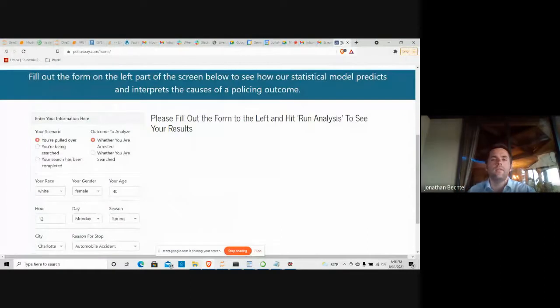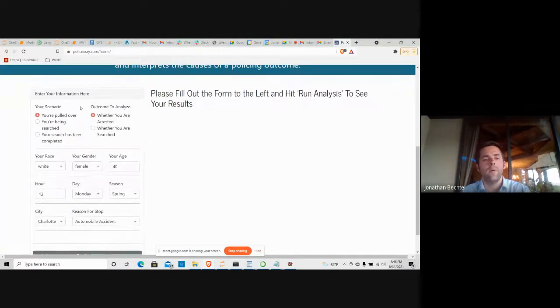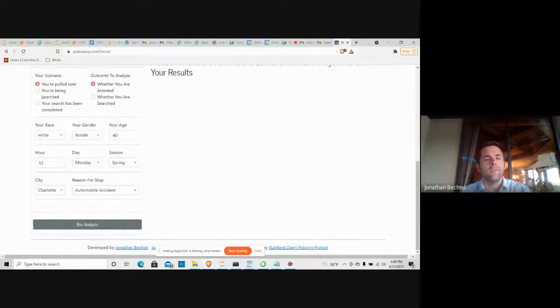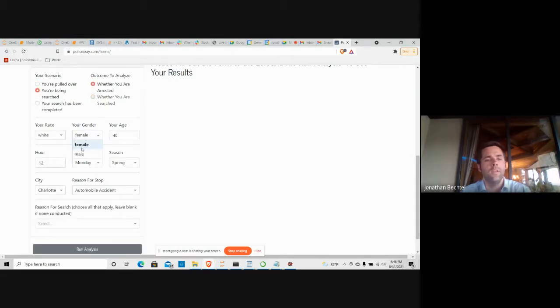Okay. So the idea then, this thing right over here, you fill out a form. So your different characteristics of what situation you're in, either you're pulled over, you're being searched, or your search is over, and then whether or not you get arrested or searched. You can play around over here with some different values, like putting in your own demographics.